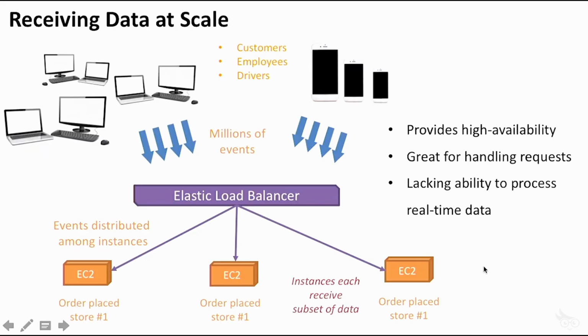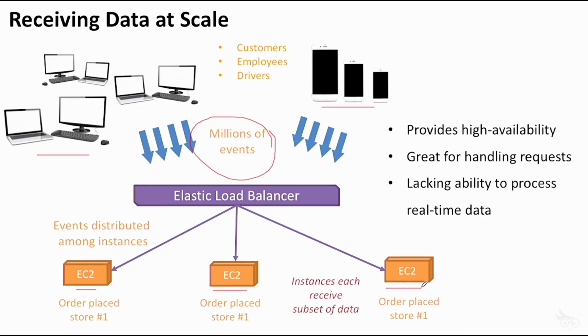First, let's look at our API. Again, we have pizza locations, we have customers and employees and drivers sending data with their mobile devices, with their desktops and laptops. So we have millions of events coming in to our API, which is built in a highly available, fault-tolerant way using the elastic load balancer, leveraging multiple EC2 instances in multiple availability zones.